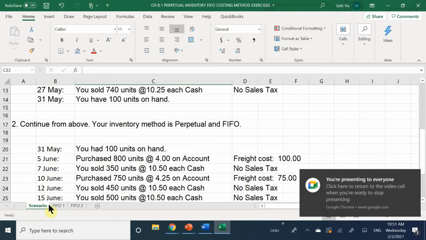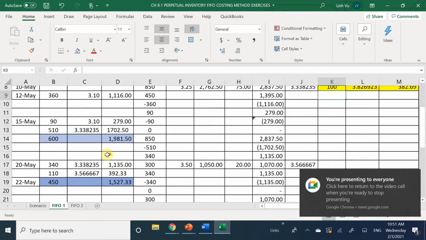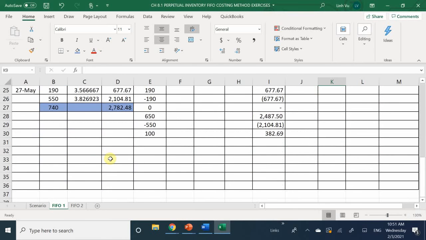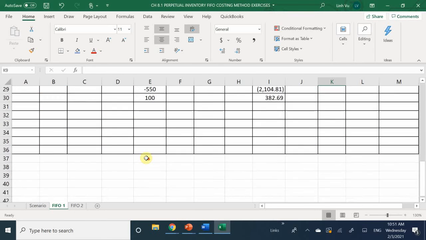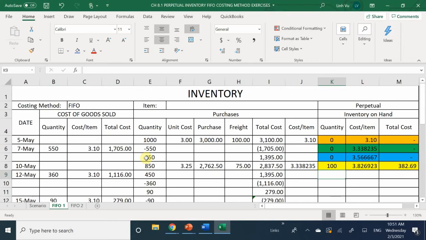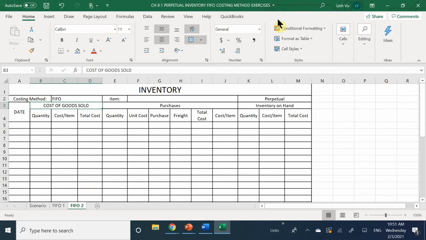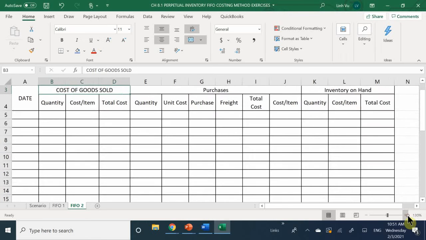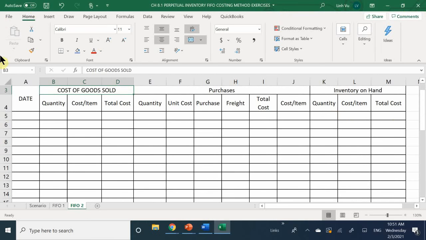When we're doing this, we also have to recognize that you can continue on this. But if we're doing your inventory worksheet on a month-to-month basis, you definitely want to close this out and then just transfer the information into a new worksheet, which is exactly what we're going to do here.